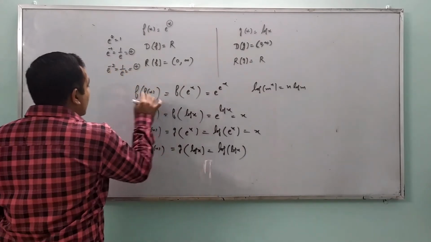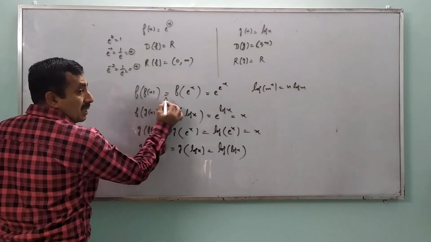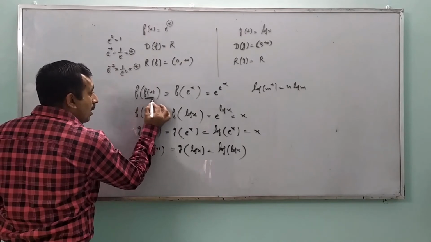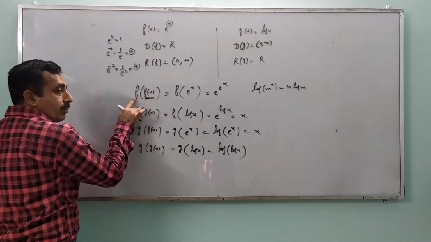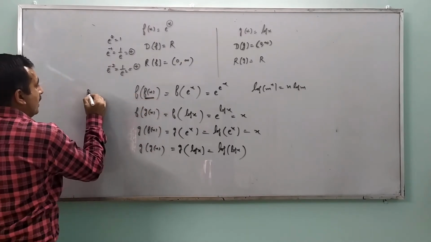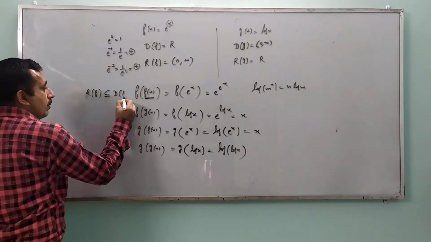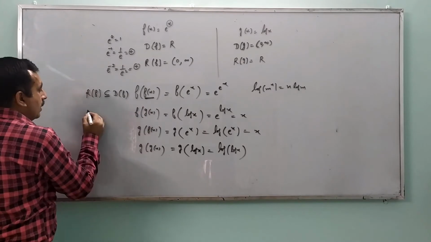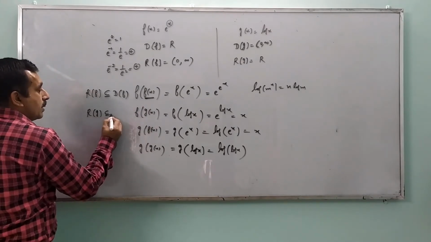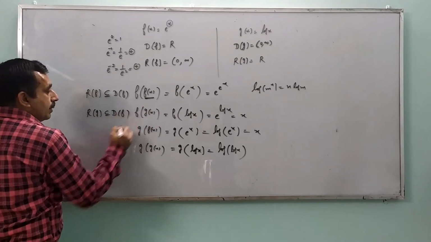Now, this composition will exist when the range of f is a subset of the domain of f. This will exist when the range of g is a subset of the domain of f.